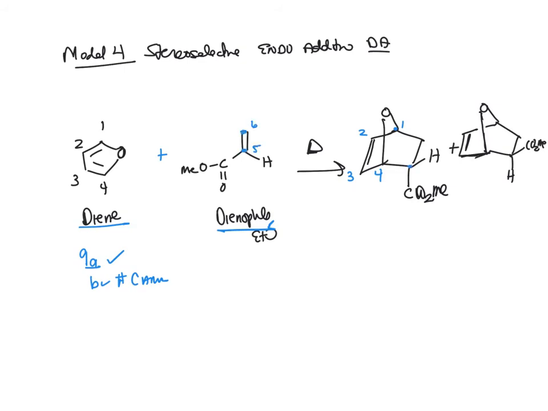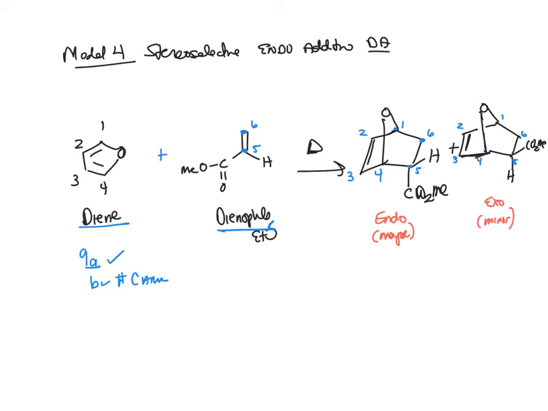And so here's 5, and here's 6. 1, 2, 3, 4, 5, 6. Oh, and you see this says endo, which is your major, and then this is exo, which is your minor. And we'll talk about endo and exo.